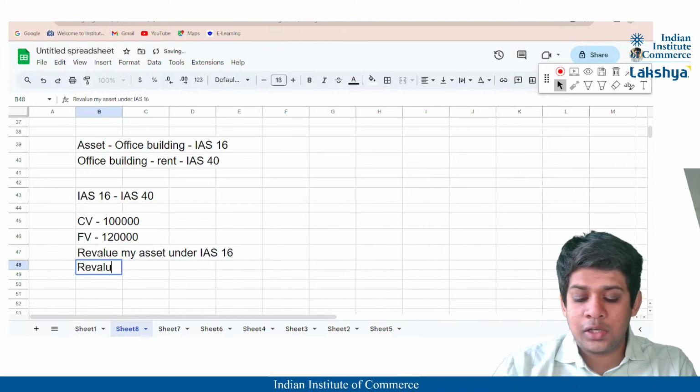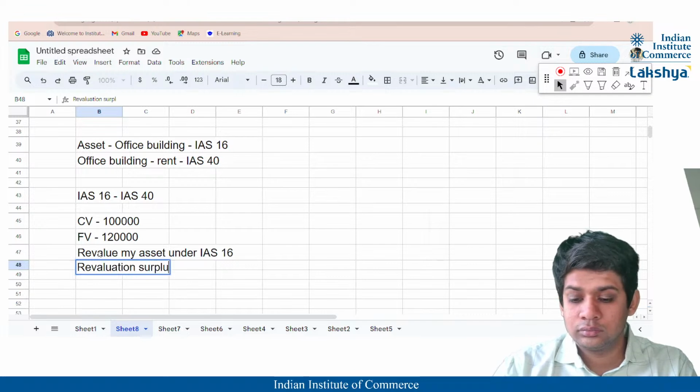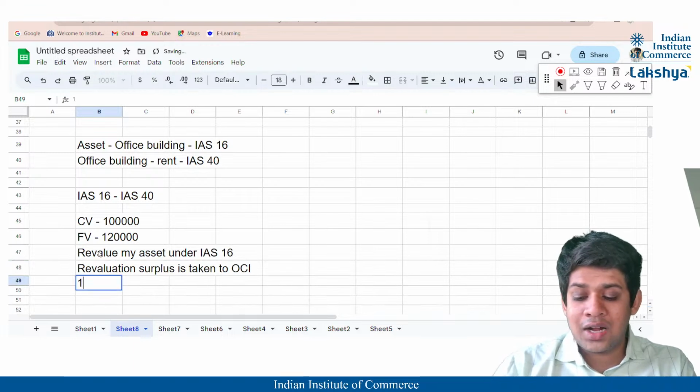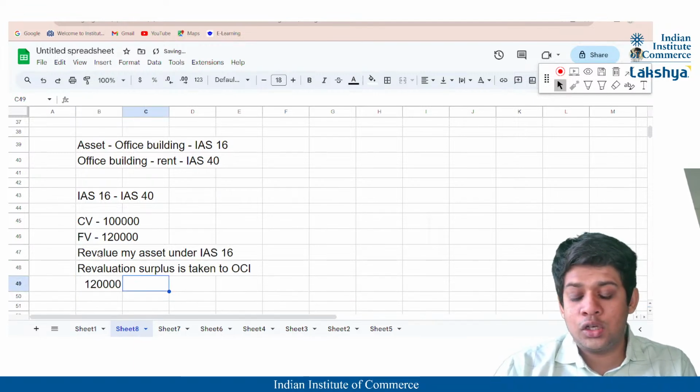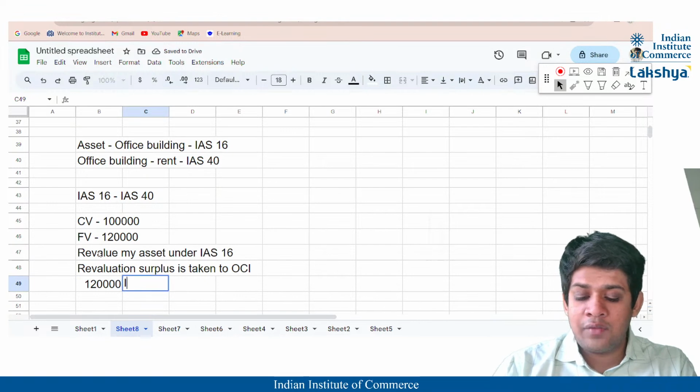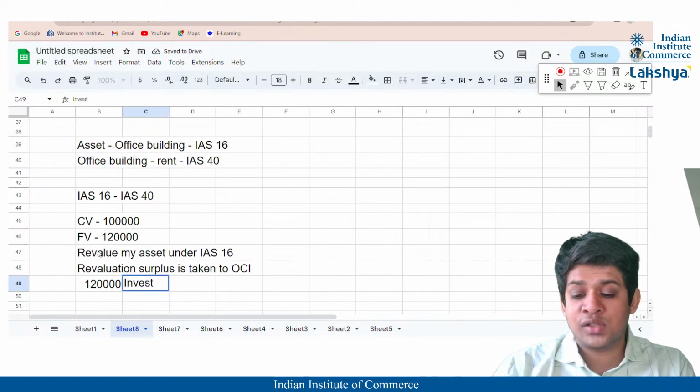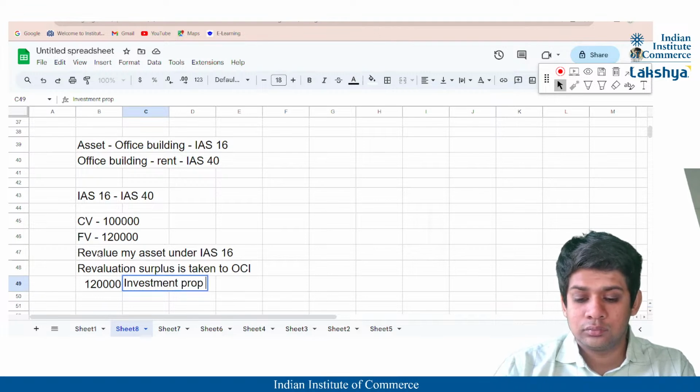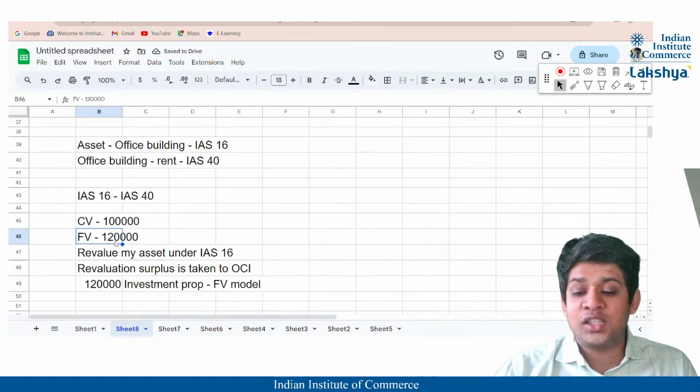The revaluation surplus is taken to OCI, and then 1,20,000 will be the new value of my investment property under the IAS 40 fair value model.